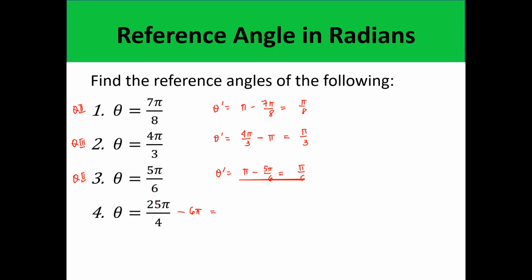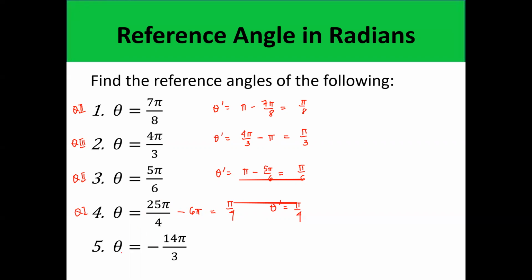Doing so, 25 pi over 4 minus 6 pi will be 25 pi minus 24 pi all over 4, which is pi over 4. This is in quadrant number 1, and the reference angle is the angle itself.